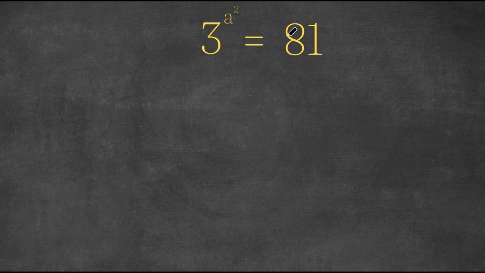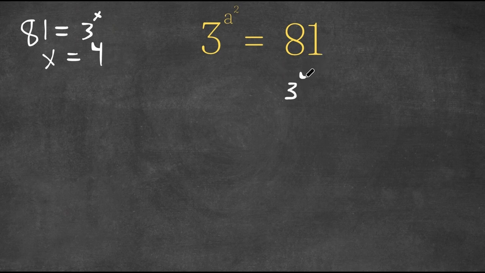So let's change 81, and 81 is equal to 3 to the power of what? Well, 3 to the power of 3 is 27, and 3 to the power of 4 is 81. So I'm actually going to replace 81 with 3 to the power of 4.